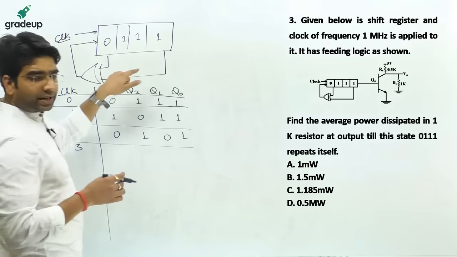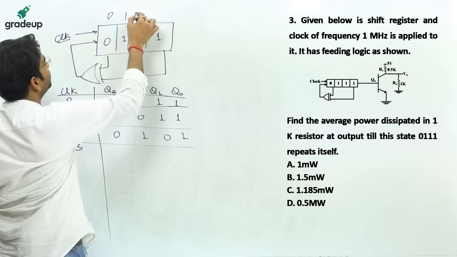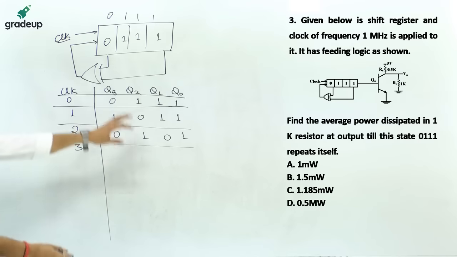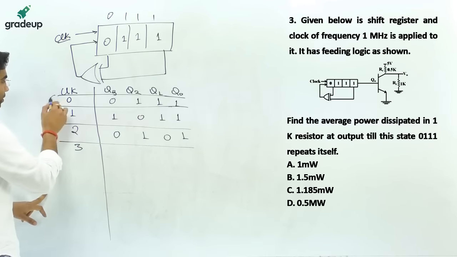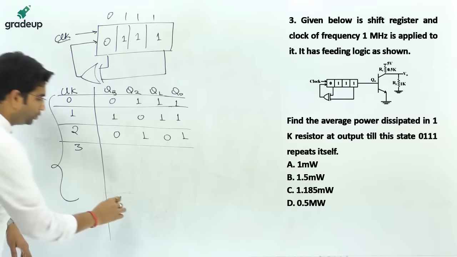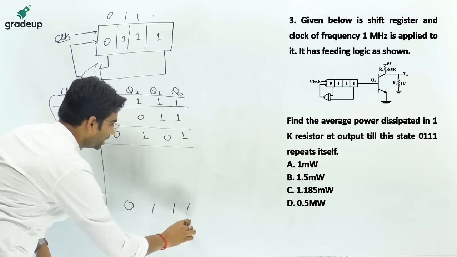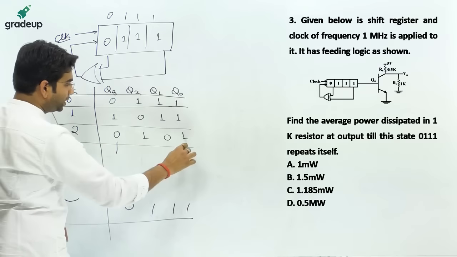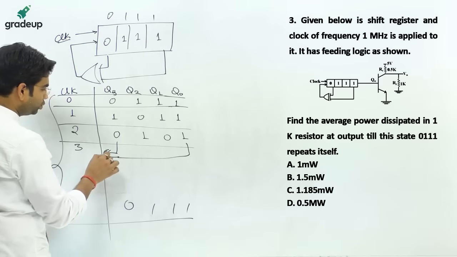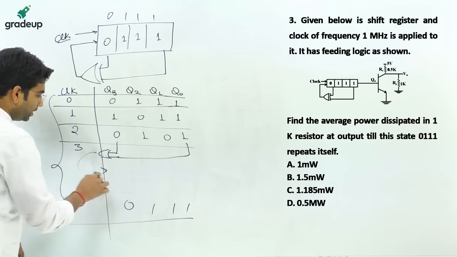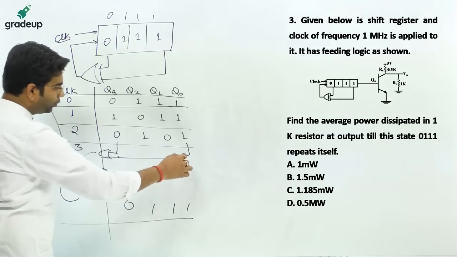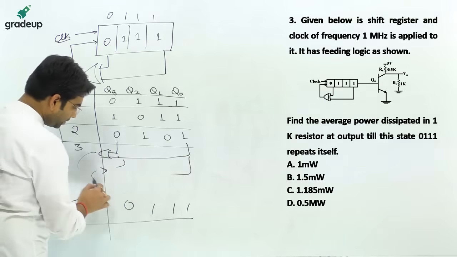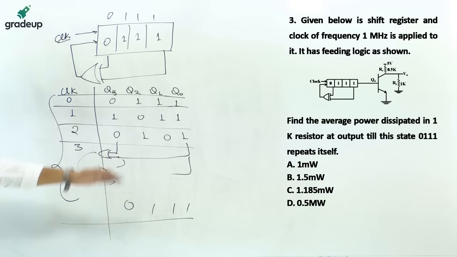Count the number of clock pulses until the register state reaches 0, 1, 1, 1 again. You have to be very cautious about XORing these two bits and reproducing the same in the next step.